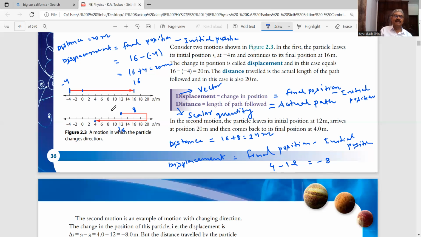Minus 8 means initially the body was going towards the right, but finally it has reached the left of that, and finally it is 8 meters away to the left. So that is minus 8 meters. So here direction, the sign, is very, very important.